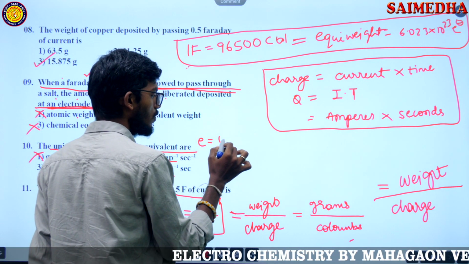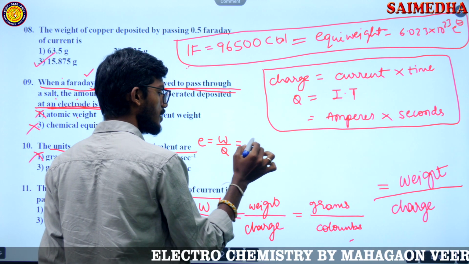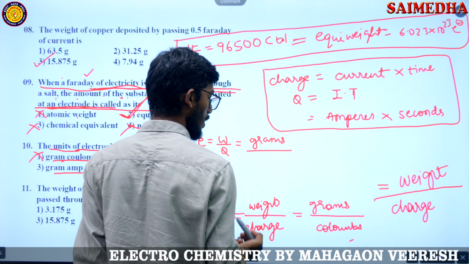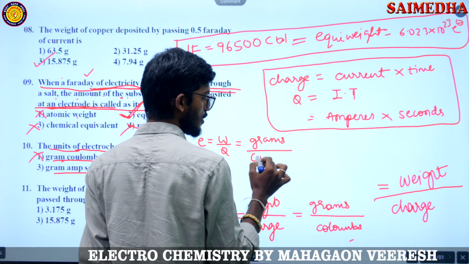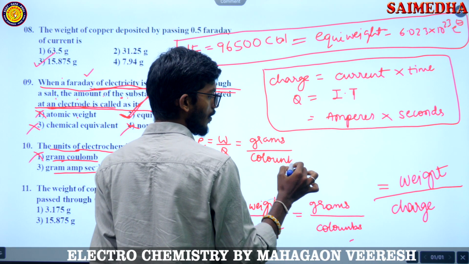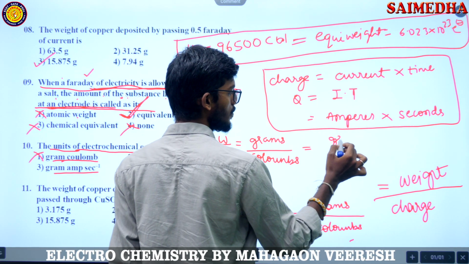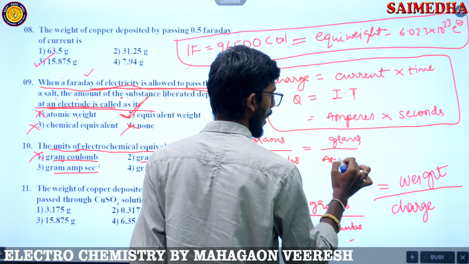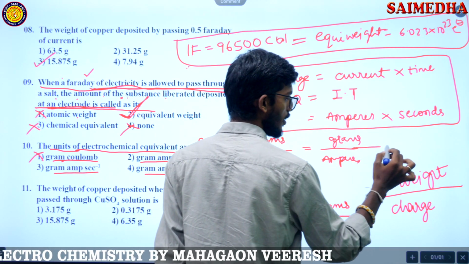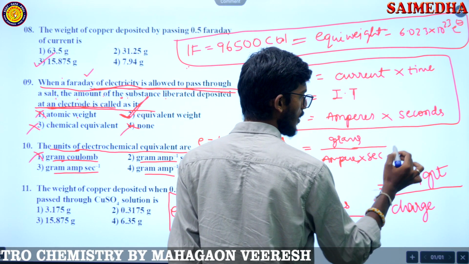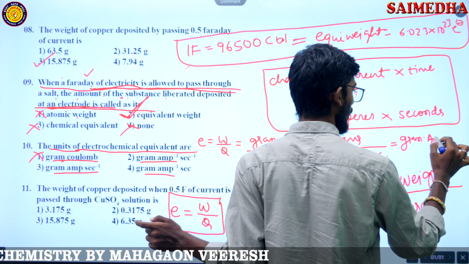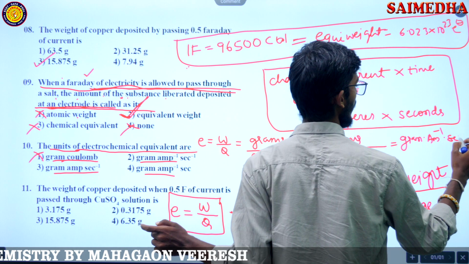E is equal to W by Q, which is equal to grams per charge. Charge is coulombs, which is grams per coulombs, which is equal to grams per amperes into seconds, which is equal to gram ampere inverse second inverse.